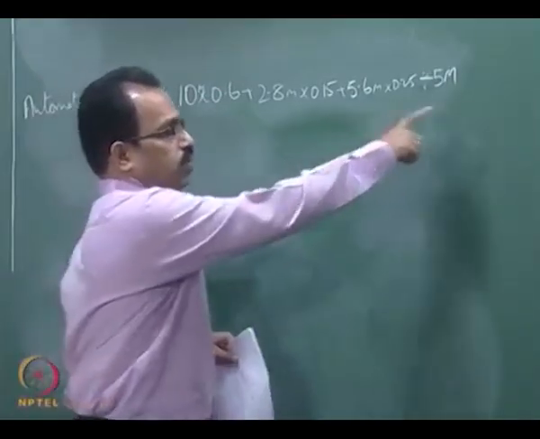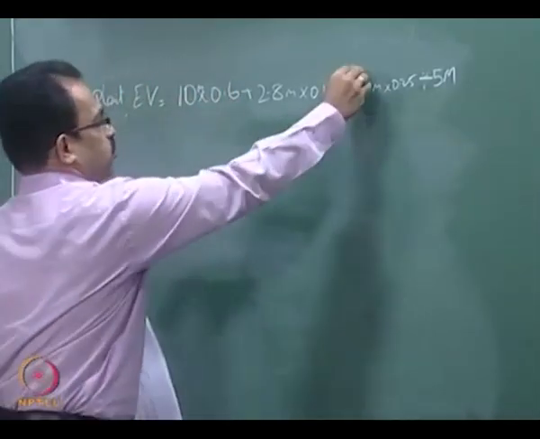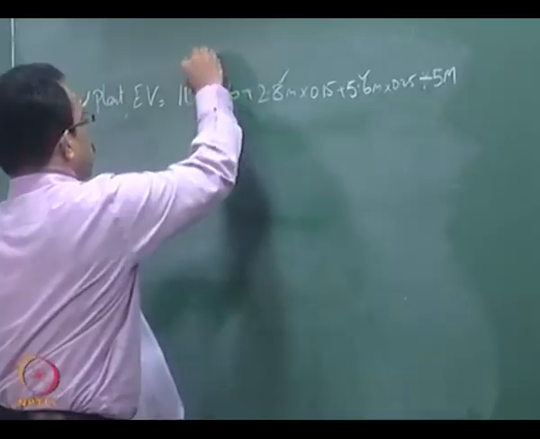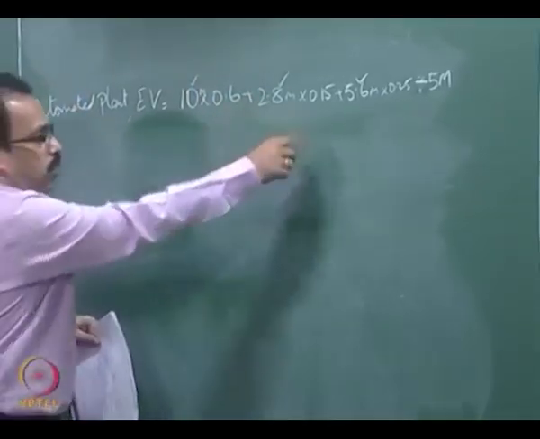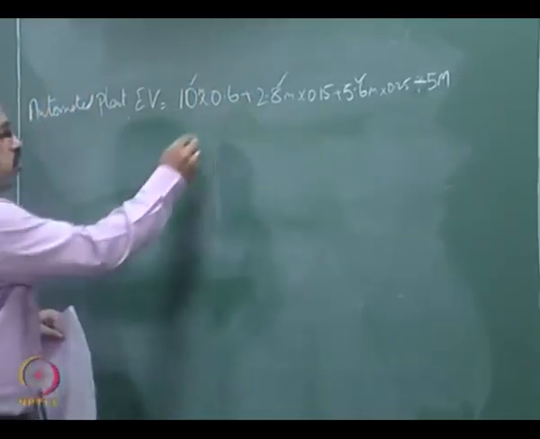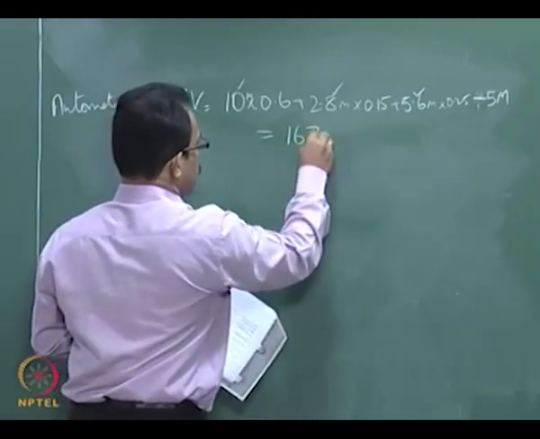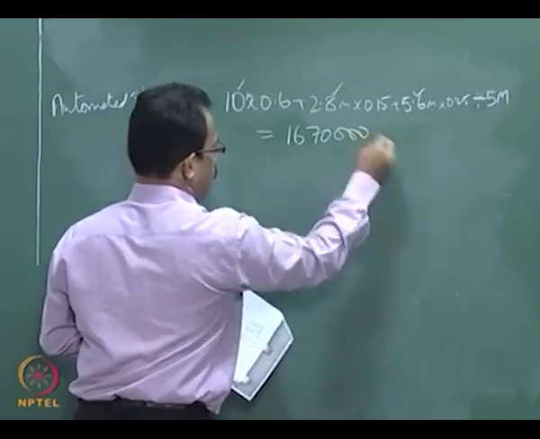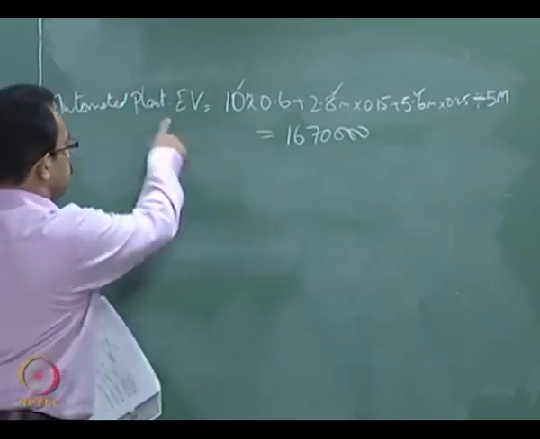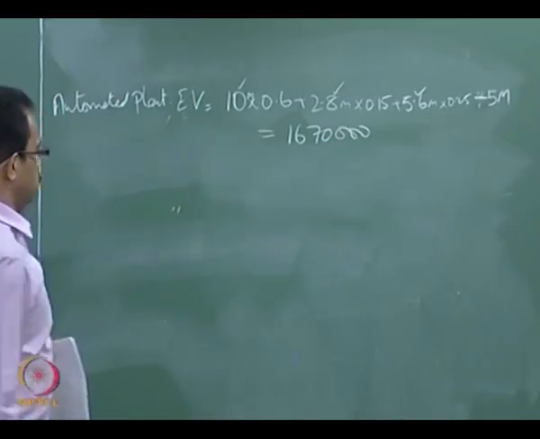This 5 is the investment and these are the revenues for the three cases and their probabilities, and that will be equal to this. So this will be the expected value of the first decision.